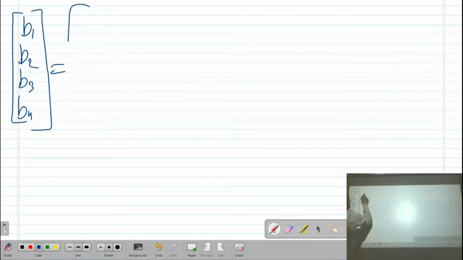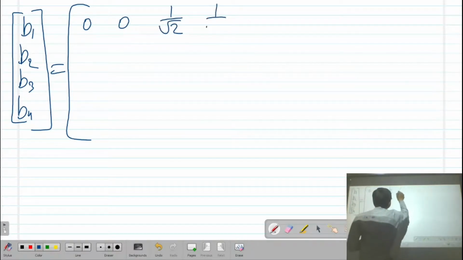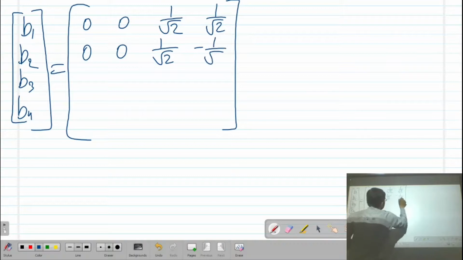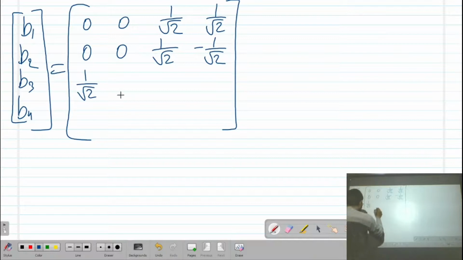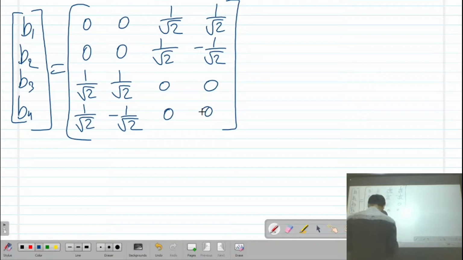Moving ahead, we will find that B1, B2, B3, B4 is equal to the matrix: 0, 0, 1 by root 2, 1 by root 2; 0, 0, 1 by root 2, minus 1 by root 2; 1 by root 2, 1 by root 2, 0, 0; 1 by root 2, minus 1 by root 2, 0, 0.